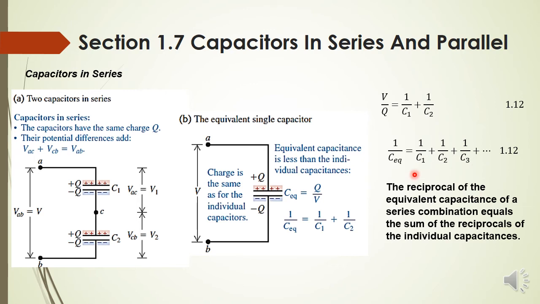The potential differences of the individual capacitors add to give the total difference across the series combination. That is, V total is equal to V1, V2, and V3, and so on. In this figure, V total is just equal to V1 plus V2.